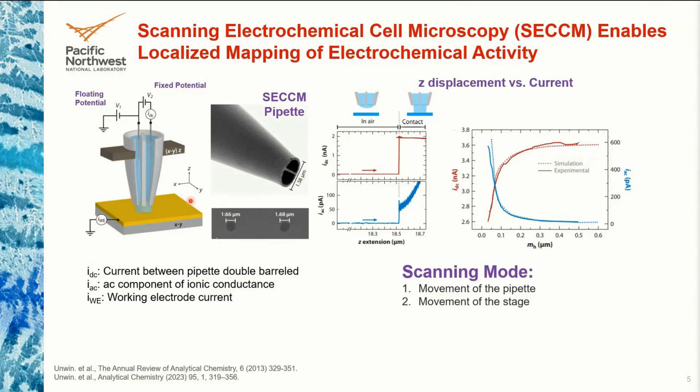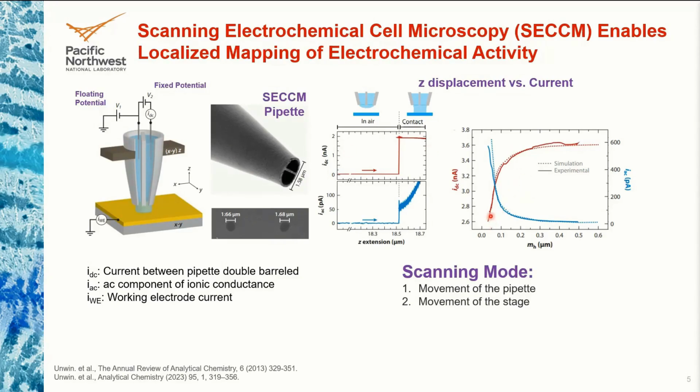There are various techniques being used to control how you can land on the surface, because unlike other techniques like a microelectrode or SICM, it is important to maintain the tip and surface distance so that your droplet is stable and well defined throughout the measurement. One more conventional approach of landing the SECCM tip on the surface is to monitor the current between the two barrels.